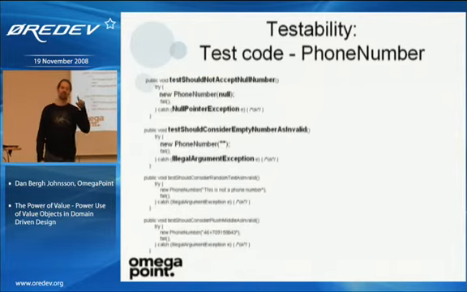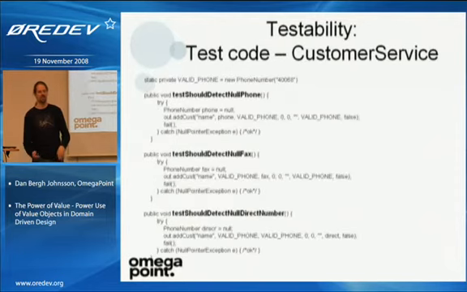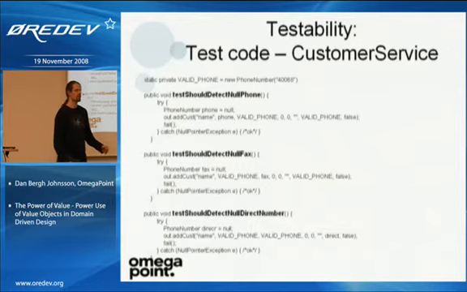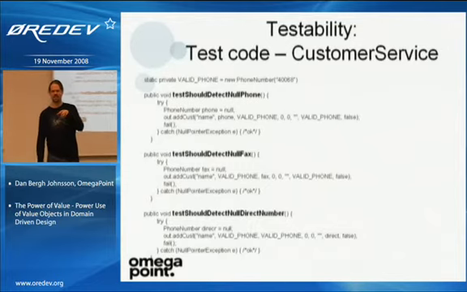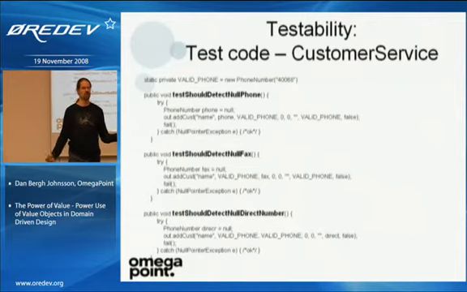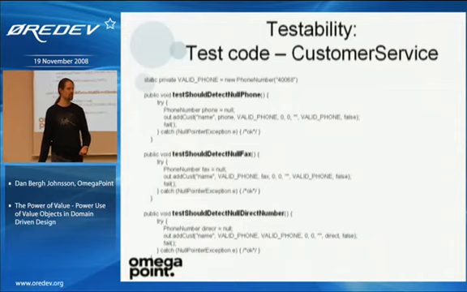But now we've not only got 1 class to test, we've got 2 classes, because we still have got the customer service class that we need to test by sending in a null phone number, a null fax number, and a null direct number. And we have to test to send in a bogus phone number as well? No, because the compiler will enforce that for us. We can't construct a bogus phone number.